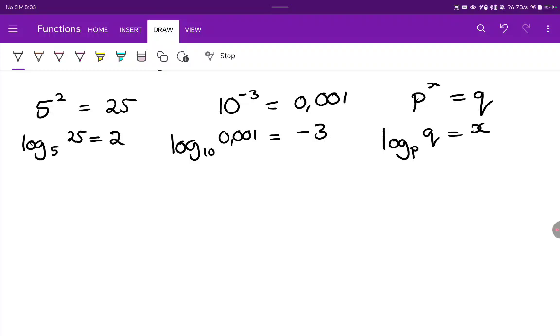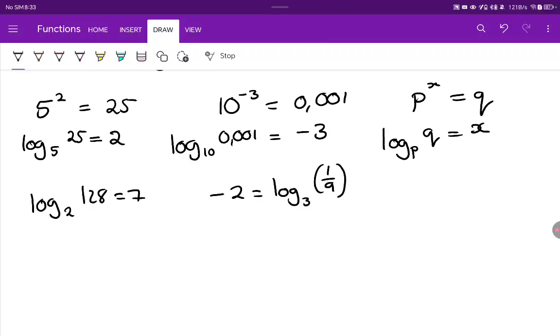Now, let's go ahead and do the same thing but in reverse. Let's try these questions. If I gave you log base 2 of 128 equals 7, negative 2 equals log base 3 of 1 over 9, and z equals log base w of k.